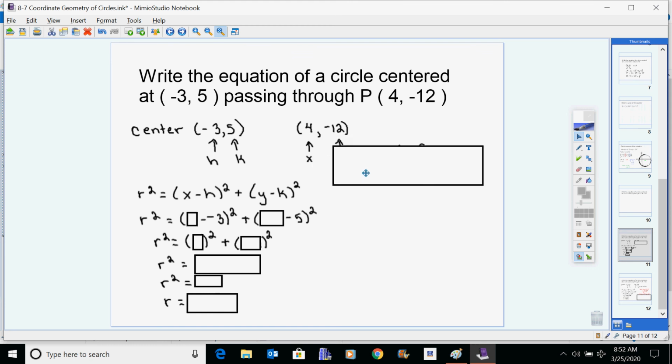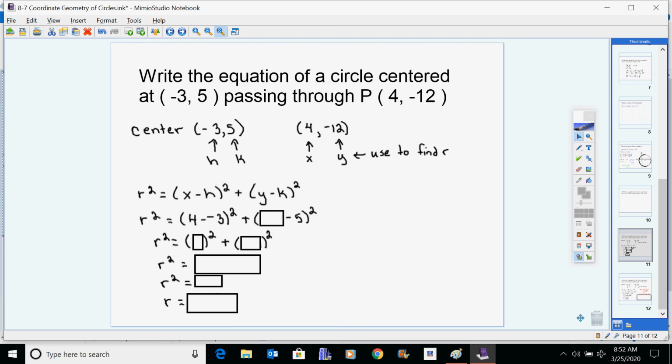We're going to temporarily plug them in as an example of an x and a y, because that's going to give us our radius that's going to be true for all of the points.